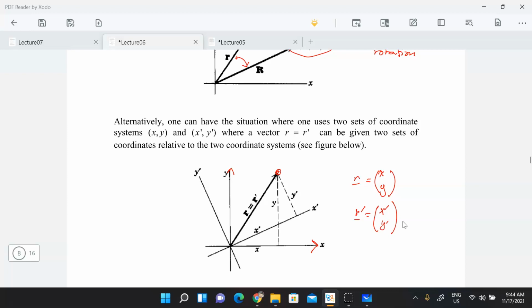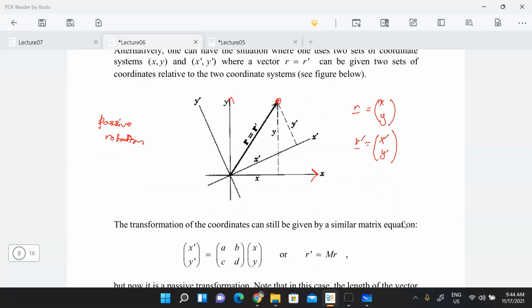So here we have a different description of rotation called passive rotation. Why is it passive? Because your point does not change, but your axes change. You're just having two different perspectives of the same point.